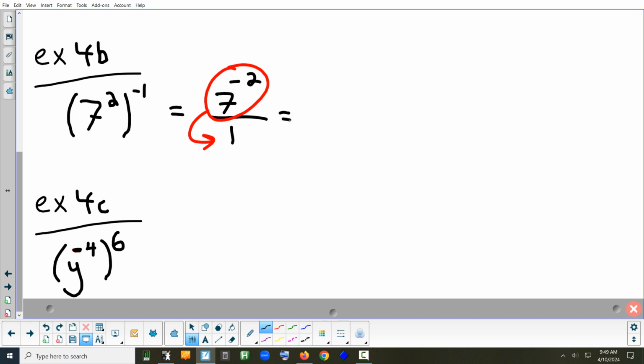Nothing, so we need to put a 1. Was there anything that was already in the bottom? A 1. Is there anything that's also going to come down to the bottom? 7, and it's going to be to what power? To the second. What's 7 to the second power? 49, and then 49 times 1 is 49.